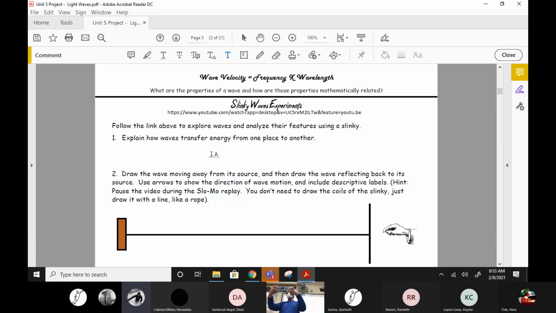Now with the Slinky, it's because it's this one piece of metal, huh? And when the energy is given to this coil right here, what does that do to the next coil? It transmits the energy to that coil, which then is going to give the energy to the next one, which gives the energy, right? So the energy is passed in the Slinky from one coil to another, isn't it?